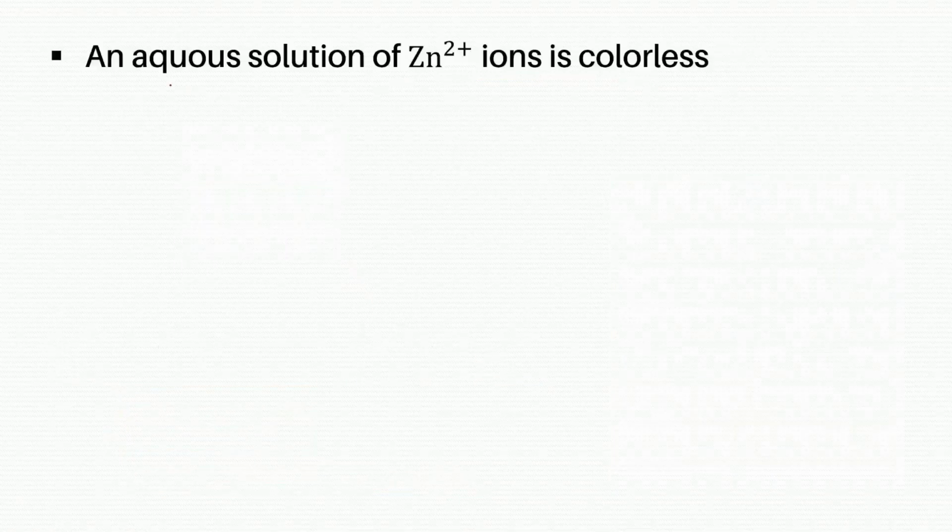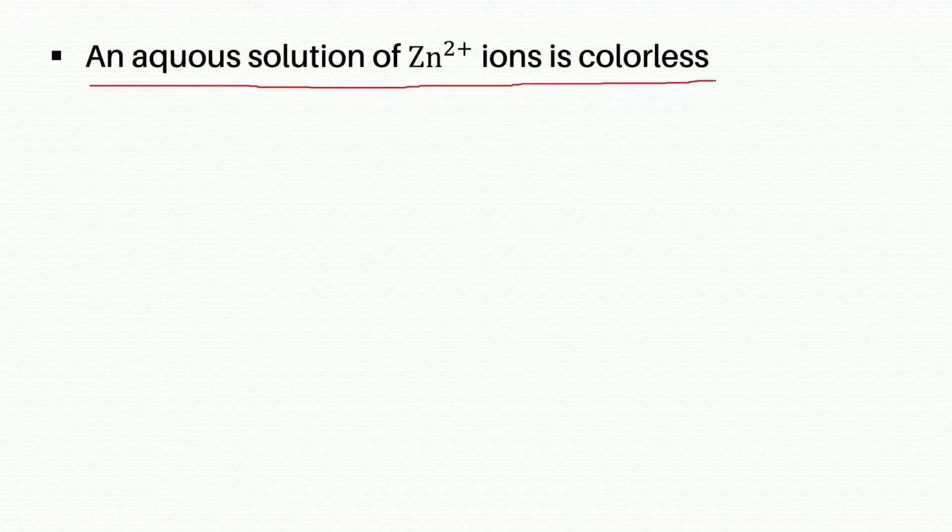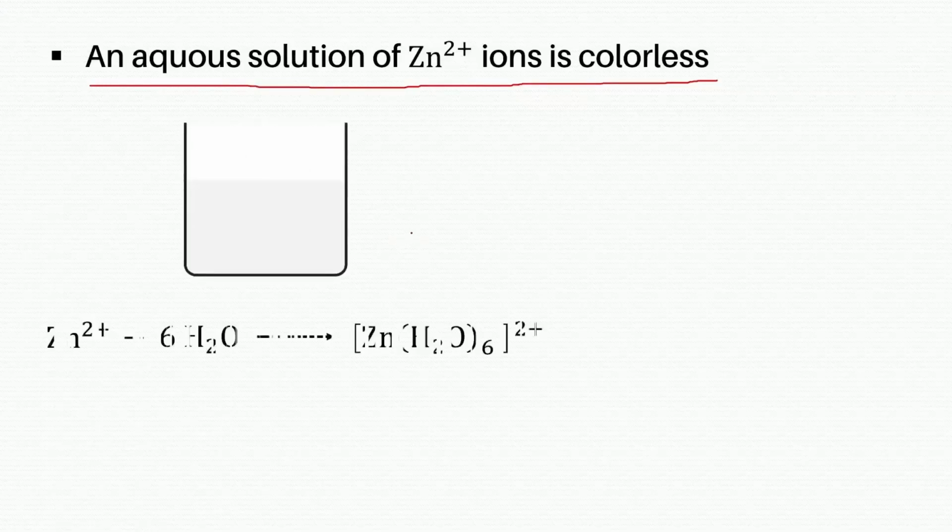Then an aqueous solution of Zn2+ ions is colorless. Now you know the reason, right? The reason is very clear. This is the colorless solution. Zinc 2+ ions also form a complex ion with water molecules. This complex ion is colorless.